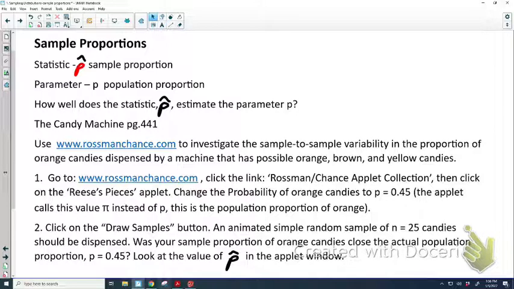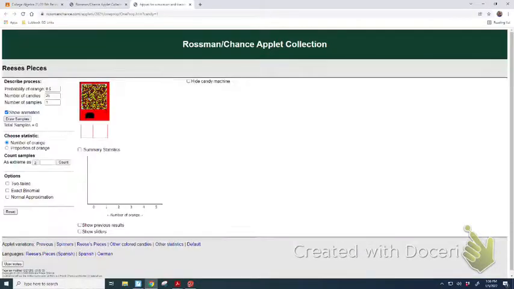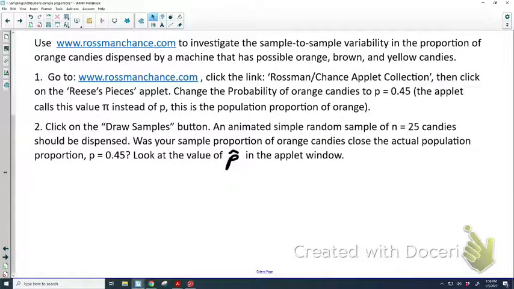So when we go to that website, it takes us here. And then click Reese's Pieces up here under Sampling Distributions. And this is the default. And if you go to my handout, I ask you to change some things. So, I ask you to change it to 0.45.